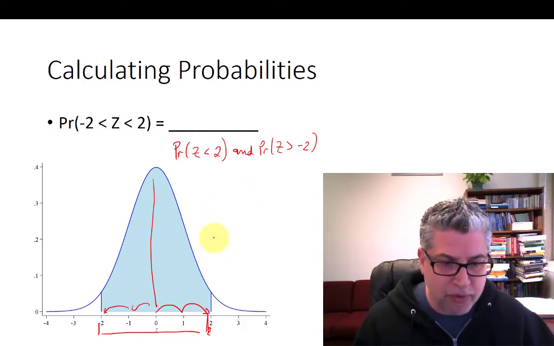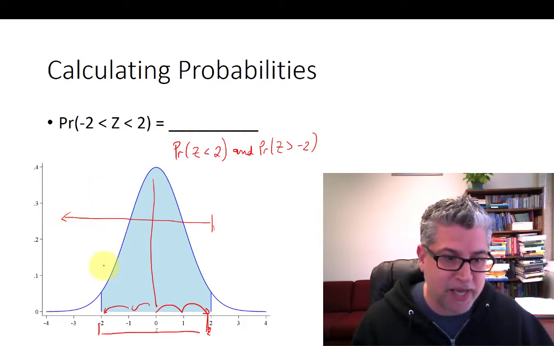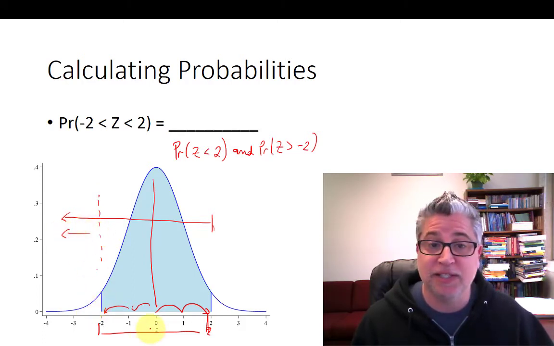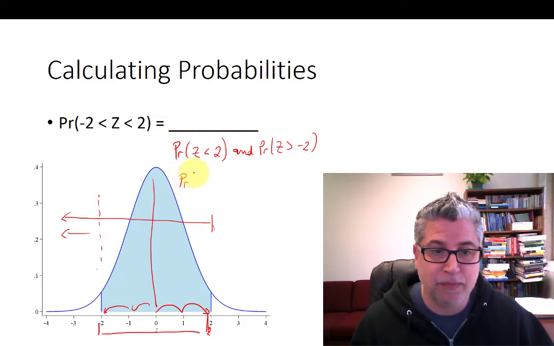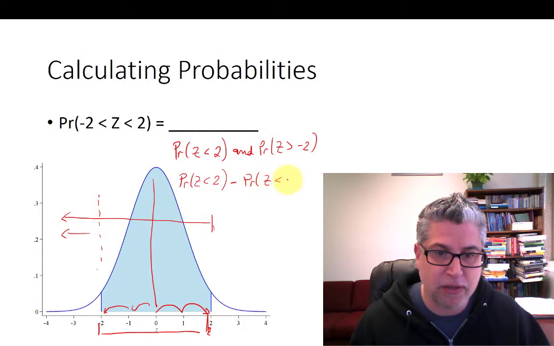Or we could just remember that we want really this shaded part, which is the probability that we're less than 2, and then we don't want all of this, so we want to subtract off the part that's less than -2. So once again, we want probability that z is less than 2, but then we don't want to shade this part, so we subtract off the part we don't want shaded.